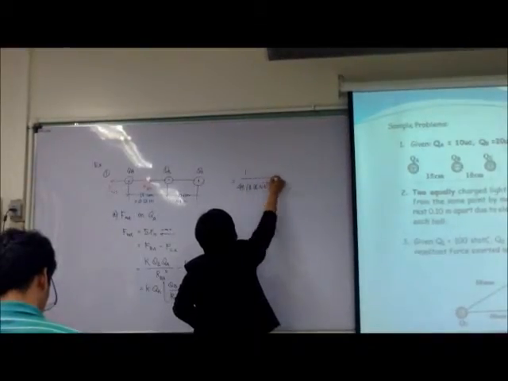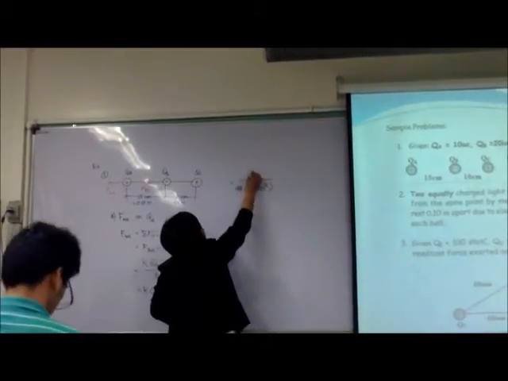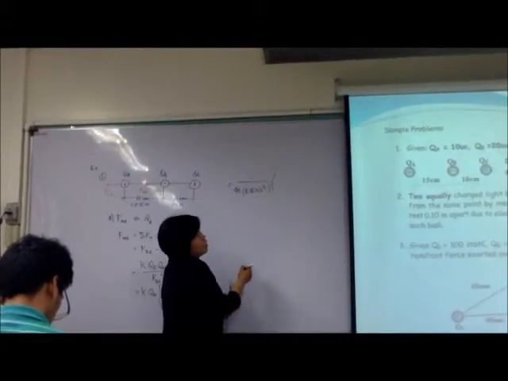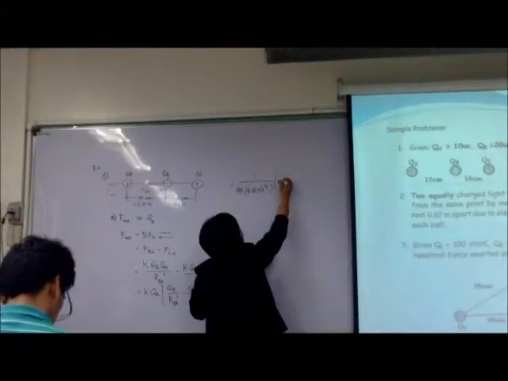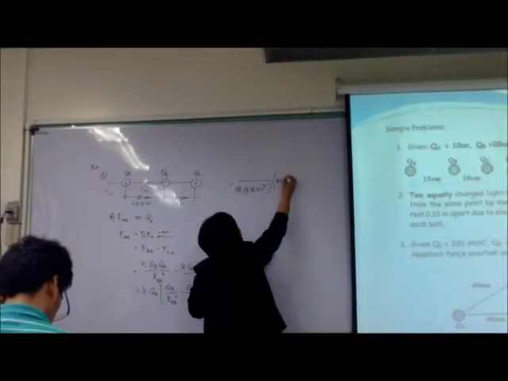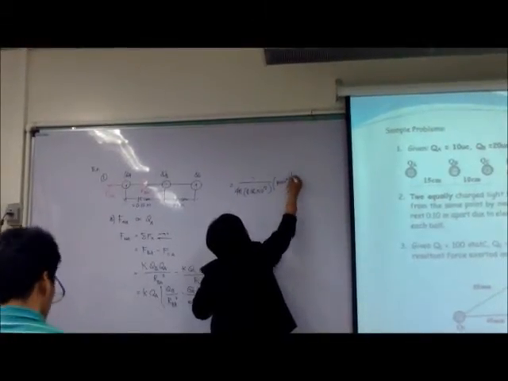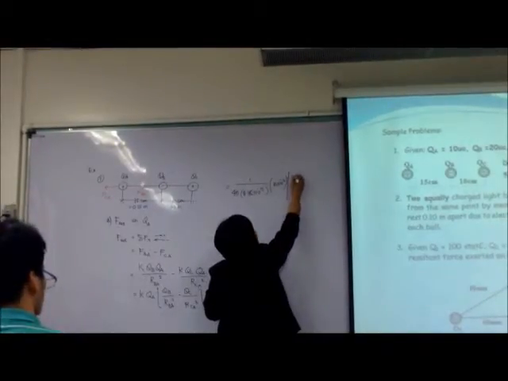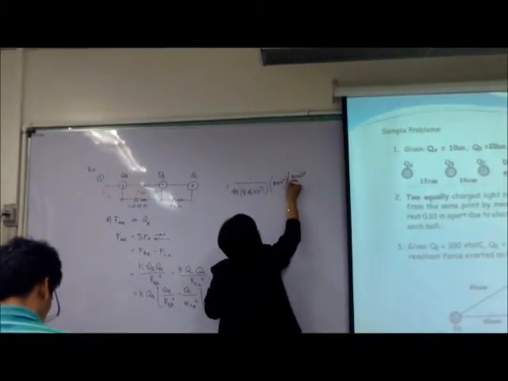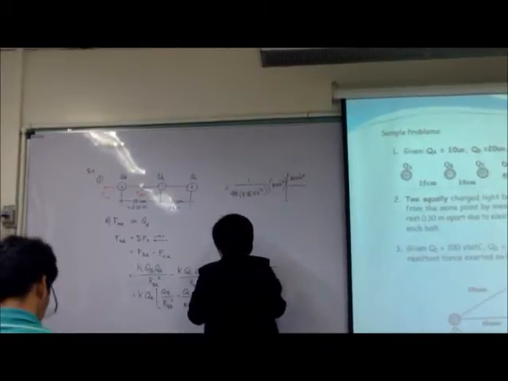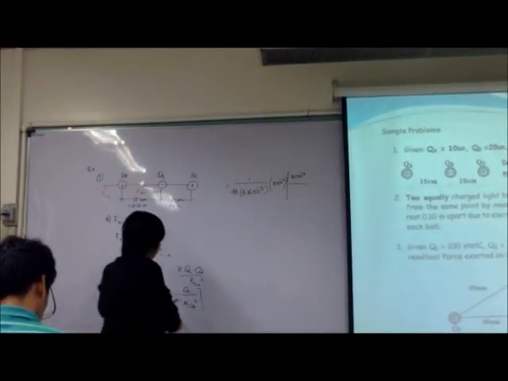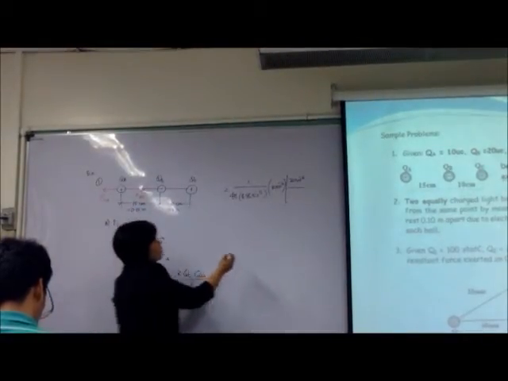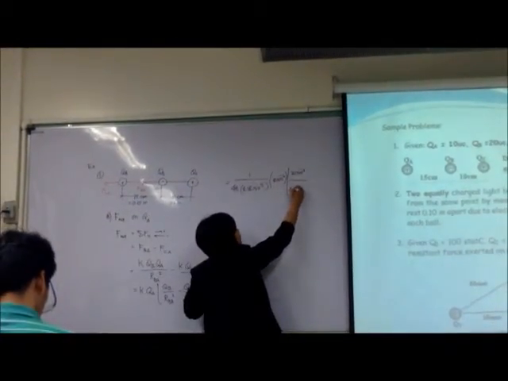That's the value of E. And to be multiplied by the magnitude of charge A, 10 times 10 raised to negative 6. And then quantity, charge B, which should be 20 times 10 raised to negative 6. And then the distance from B going to A, that is 0.15. Don't forget, it should be squared.